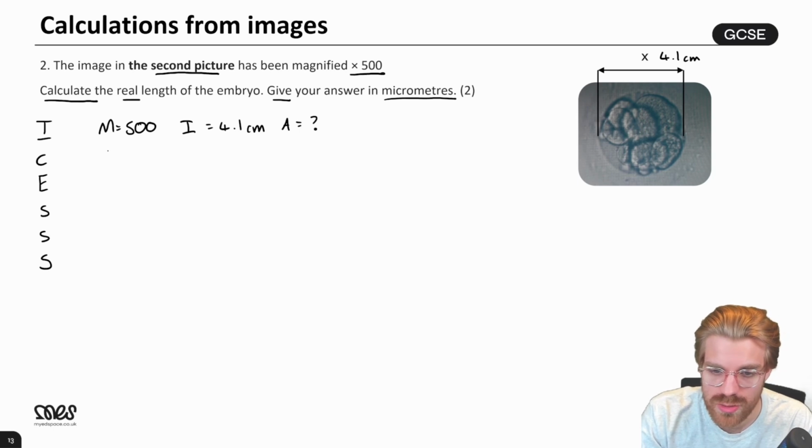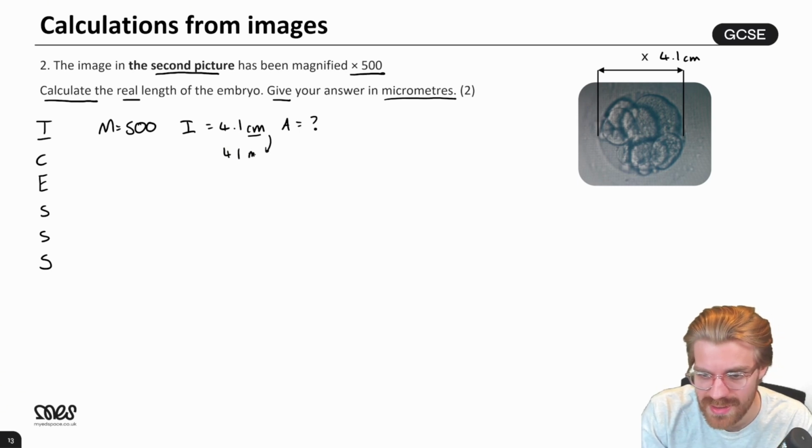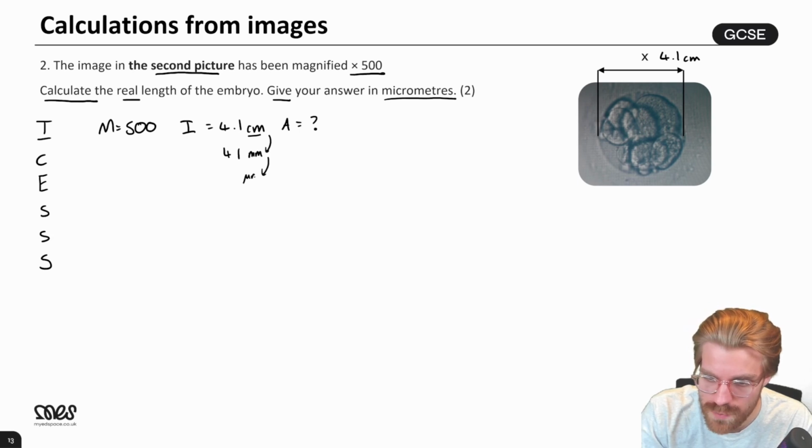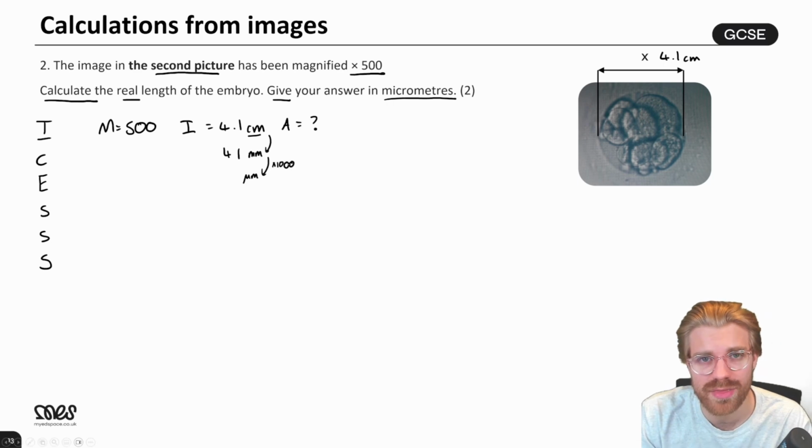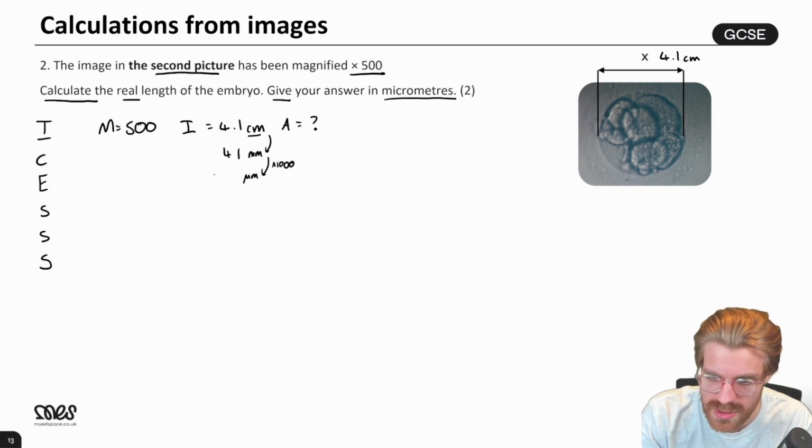So I'm then going to do my conversions. Now my 4.1 is in centimeters, and I'm ultimately going to want it in micrometers. So I'm going to do my conversion first. I'm going to convert into millimeters, which is multiplied by 10 to get 41. And then I'm going to convert into micrometers, where I'm going to multiply by 1,000, because there are 1,000 micrometers in 1 millimeter. So we get 41,000 micrometers.